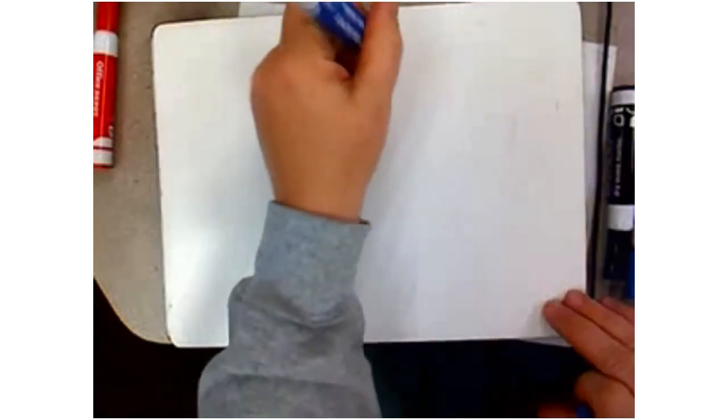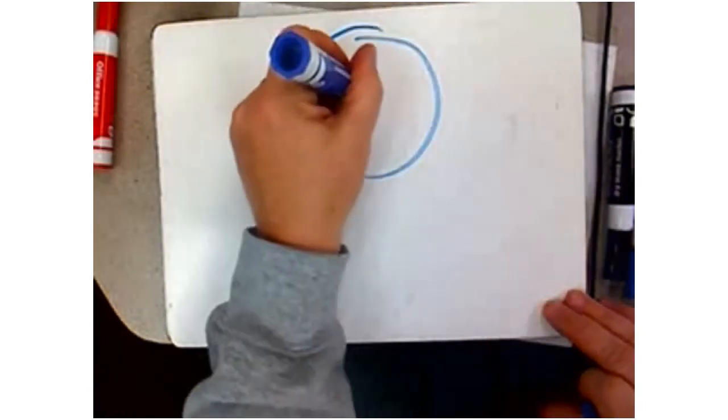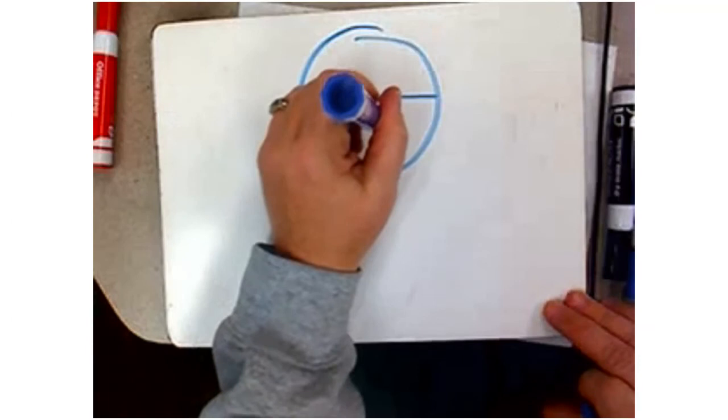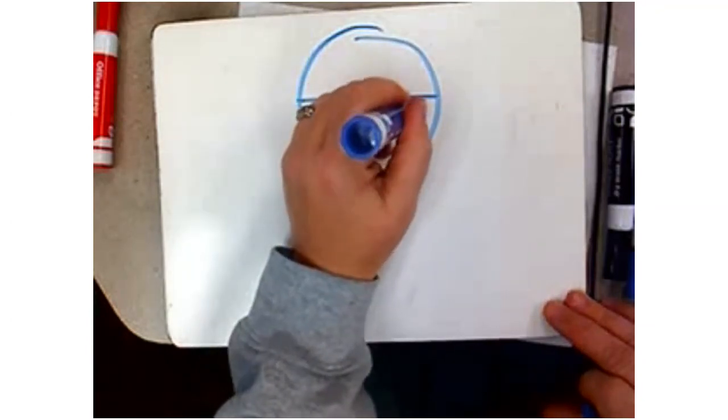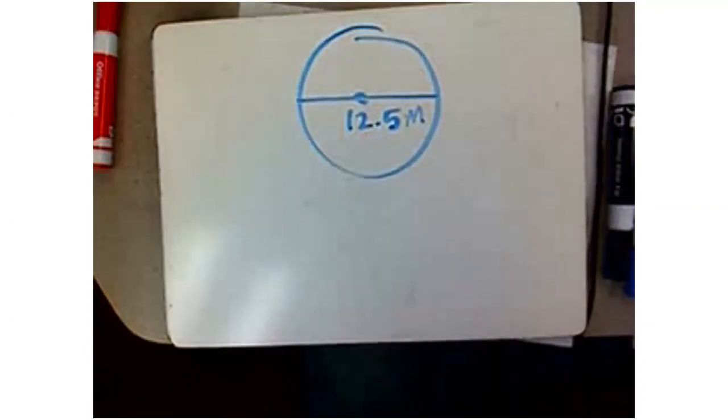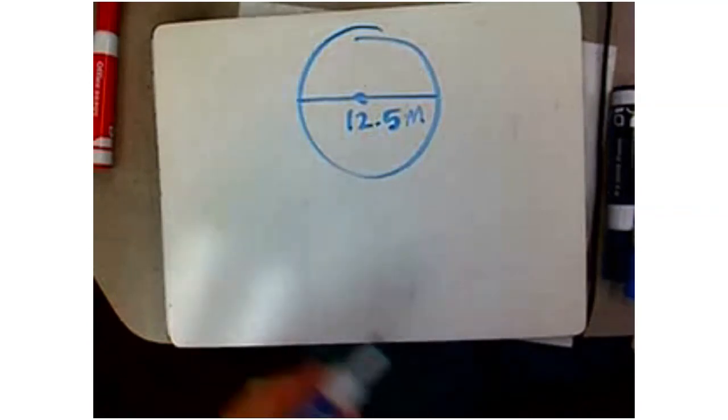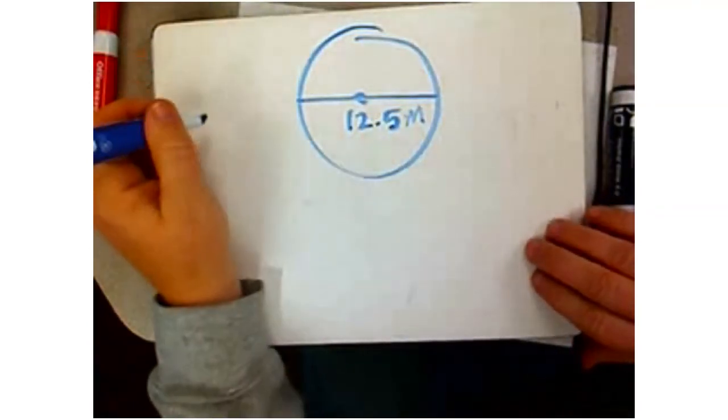You might be given to find the area of a circle that has a diameter of 12.5 meters, it says. This is example 10 on the bottom of page 379. So the first thing you need to do is find your radius.